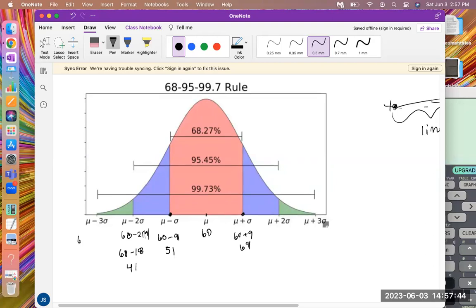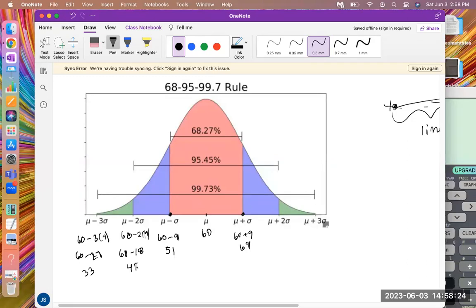Then this one is the mean. Take away 3 standard deviations. So 3 times 9, which is 27, 60 minus 27. Or I could have just subtracted another 9 from 42. Oops, wait a second, this should be 42, I believe.